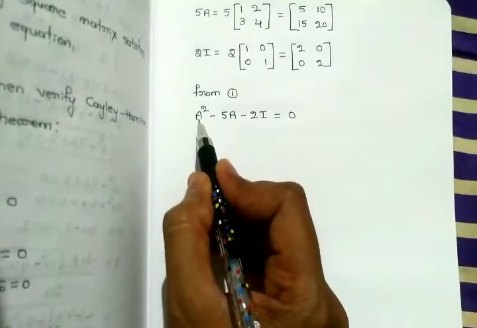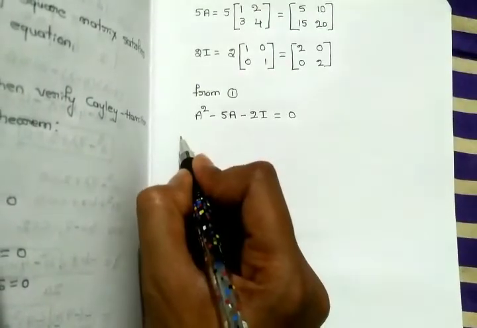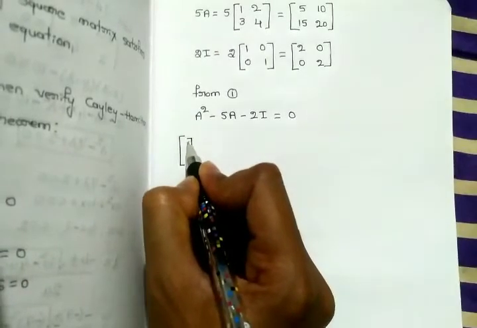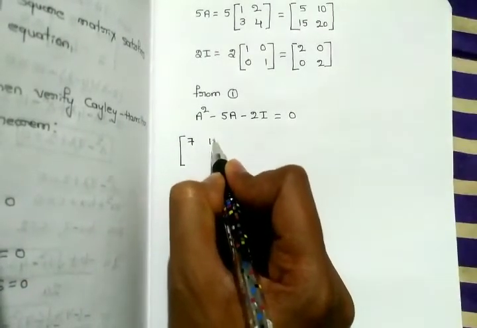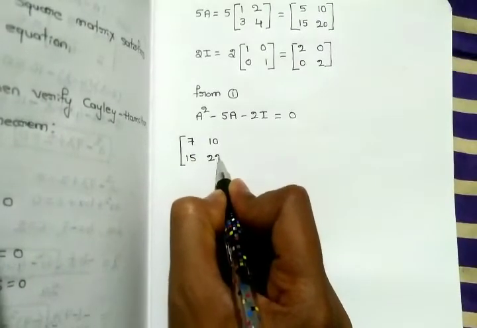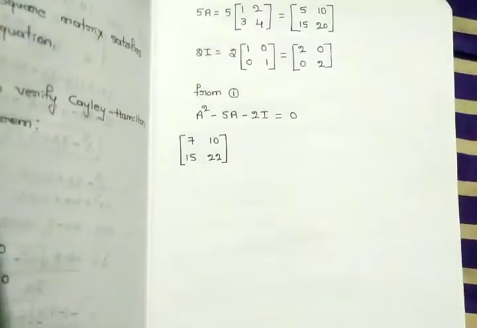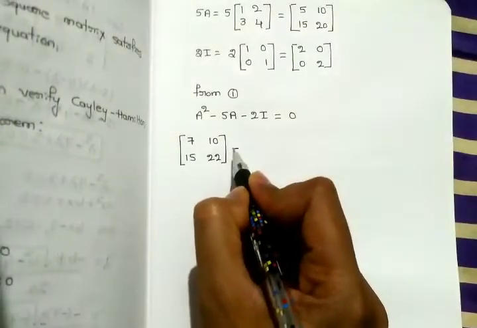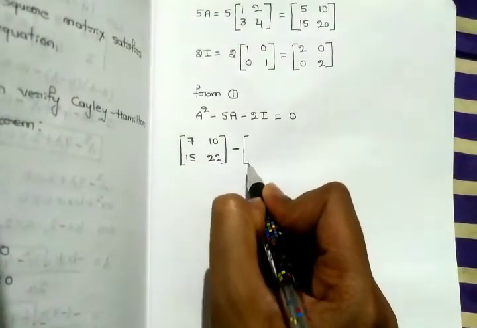Next, substitute the A square value. What is the A square value you got? 7, 10, 15, 22. Next, minus, keep this minus sign as it is. Next, the 5A value.